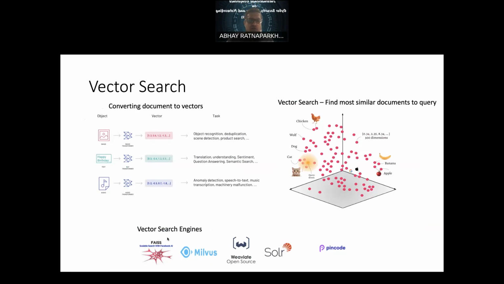You can just use those. If you have many vectors, you can store them using a vector search engine, and then use the algorithms to get those nearest neighbors that we were discussing. We'll see some of the algorithmic aspects of these search engines.